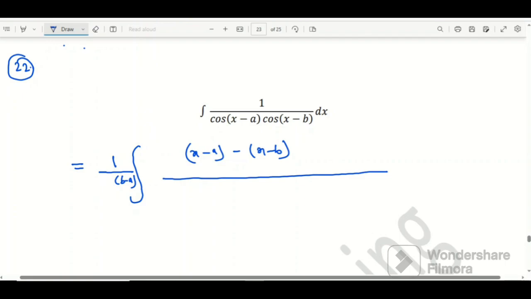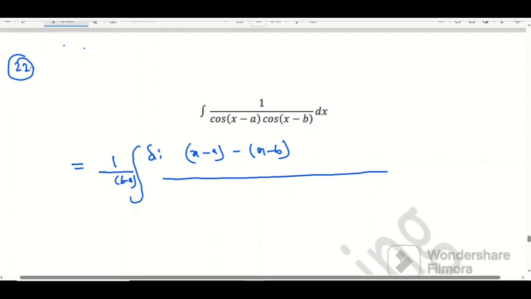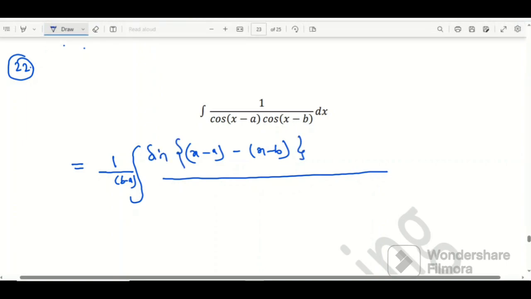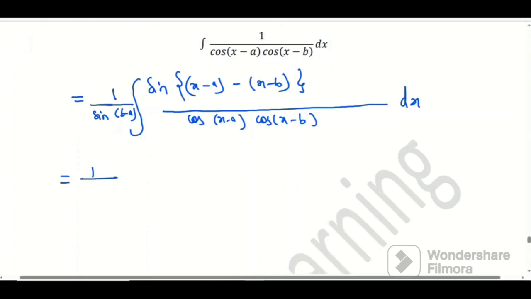But there will be no benefit if I write like this only, so I need to put some sine or cos. I'm putting sine because sine will give the alternate form, sine into cos and cos into sine, so one term I will be able to cancel. So here also sine, cos x minus a into cos x minus b dx. Now I will have sine b minus a.